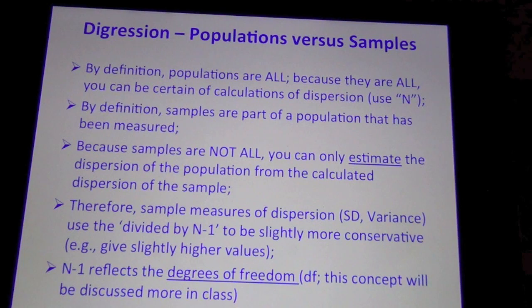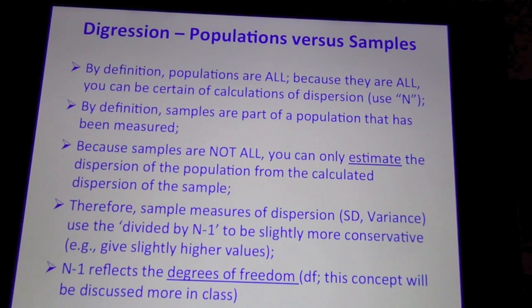You can really only estimate dispersion of the population from the calculated dispersion of the sample. You think that the sample reflects the population, so you use the dispersion in the sample as a pretty good estimate of what the variability would be in the population.